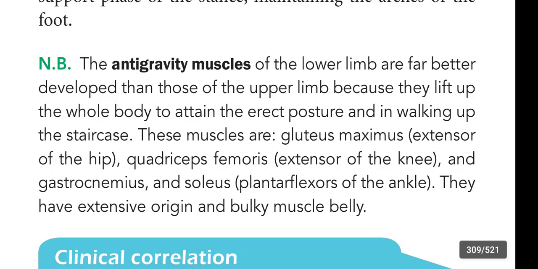They primarily act as plantar flexors of the ankle. Gluteus maximus, extensor of the hip; quadriceps femoris, extensor of the knee. This quadriceps femoris is present in the anterior compartment of the thigh.